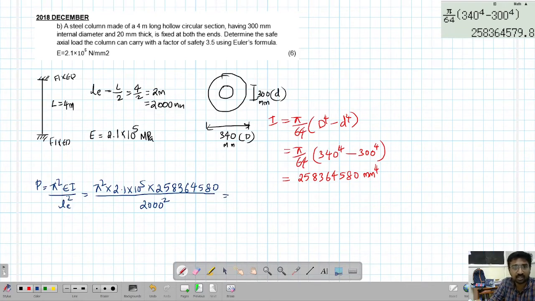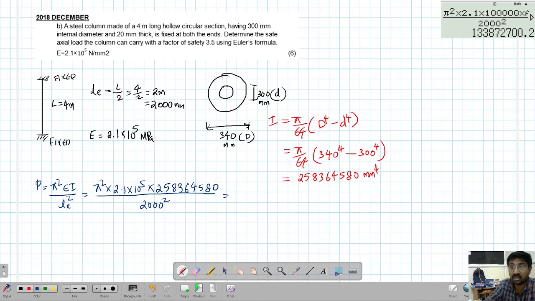Since the I value is there in the memory, I can use that. So let's say pi square times 2.1 times 10 to the power 5 times the answer, which has the I value, divided by 2000 square. So it's a huge value that we are getting.